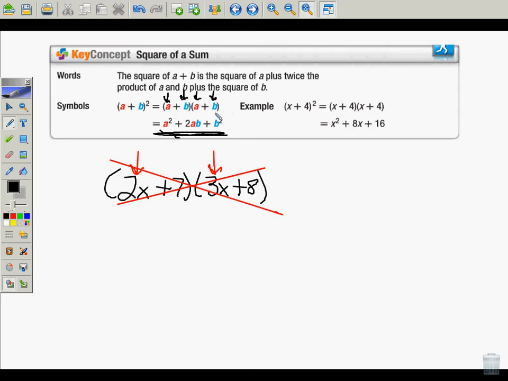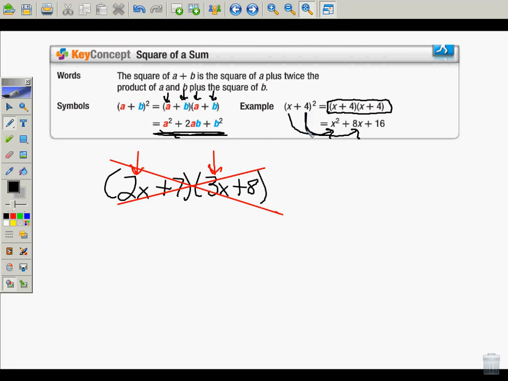So for example, if you see x plus 4 squared, and I don't even care if you rewrite this step, there's no need to do that. You would just do a squared plus 2 times a times b. Think about it, 2 times x times 4 would give you 8x, plus b squared gives you 16.